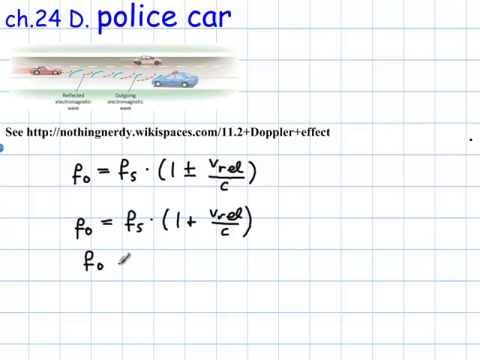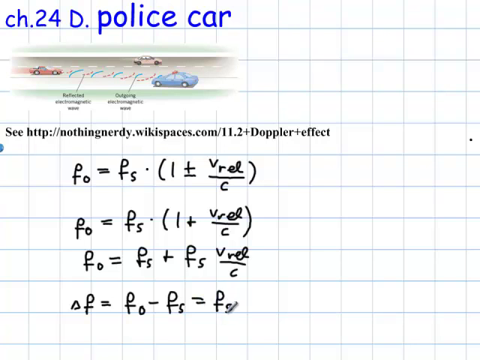If I rewrite this yet again, observer frequency equals Fs, and I multiply this inside the parentheses, so Fs plus Fs times V relative divided by the speed of light, and then I subtract the two. So I have delta F equals observer frequency minus the source frequency, and that equals the source frequency times V relative divided by C.